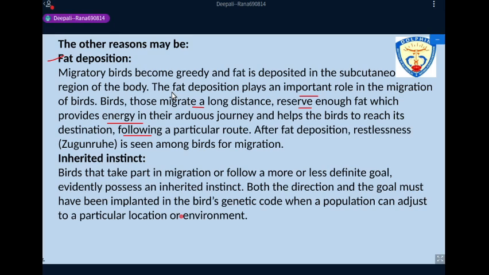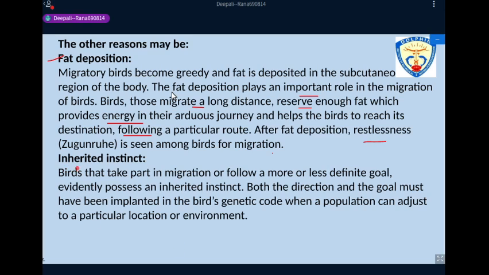Once they start, they will reach their destination, and only after that will they eat. So this requires a larger amount of energy for traveling such large distances, and for that they deposit fat in their body. After fat deposition, restlessness is seen in many birds, which helps the bird in the process of migration.